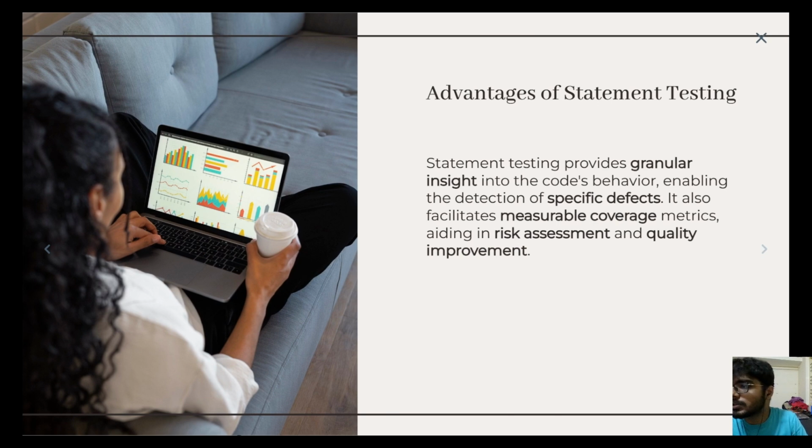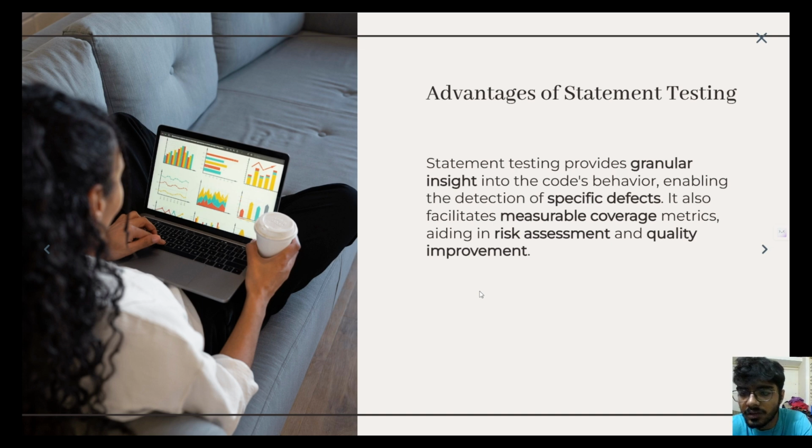Then we will speak about the other topic, which is the objectives of testing. Comprehensive coverage ensures every line of the code is executed at least once. Error detection identifies syntax errors, logical errors, and all the other possible runtime errors. Then we have dead code identification, which discovers unreachable and unused code segments.